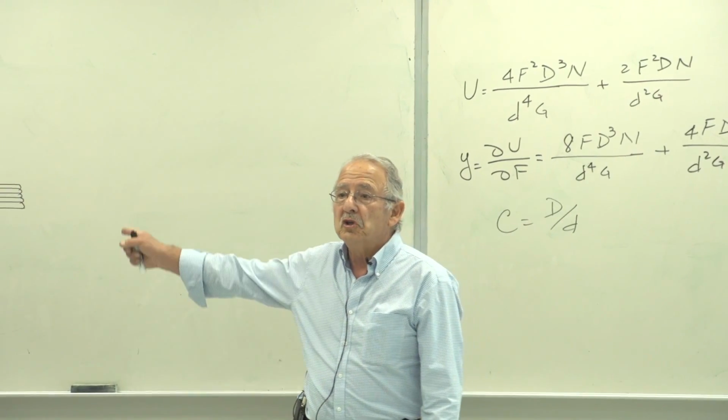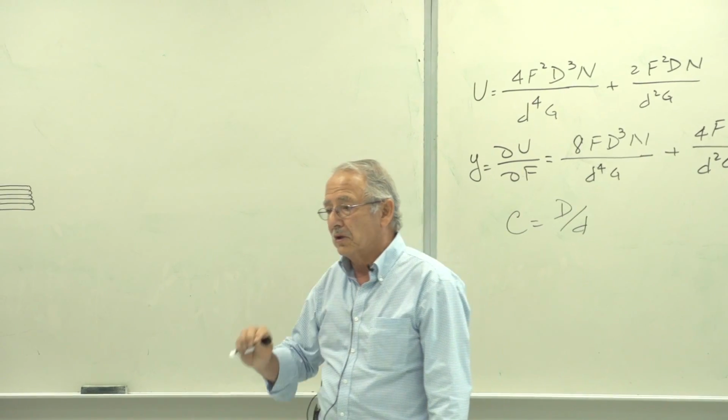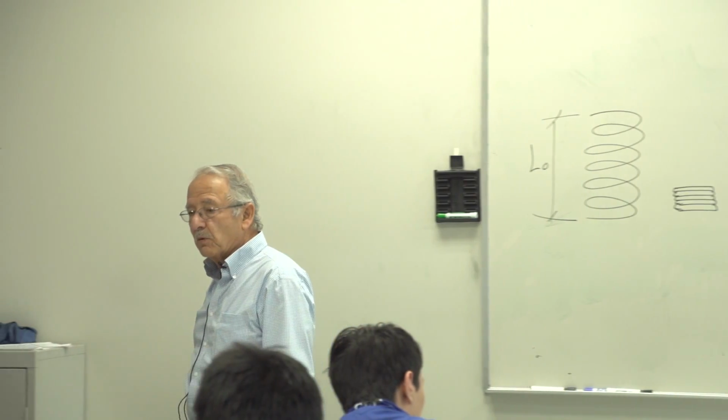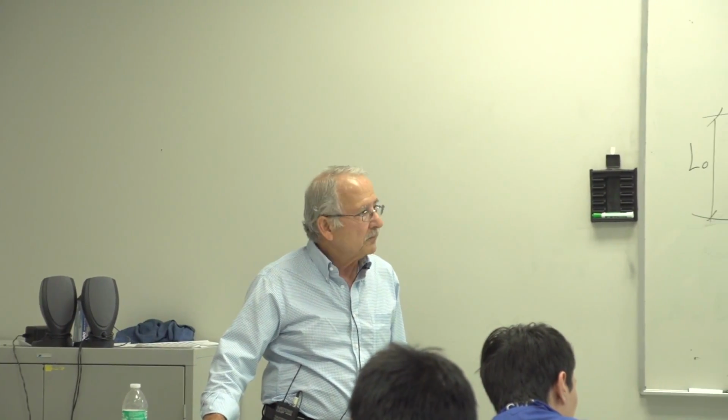the spring to yield. So even when compressed to its solid height, it should not yield. So that when you take the load off, you're still capable of using the same spring. But you shouldn't reach the solid height at all.